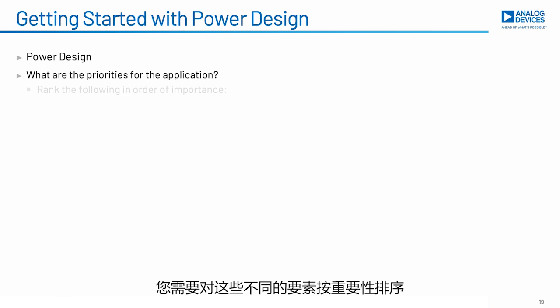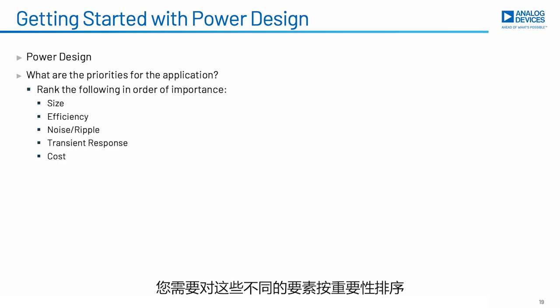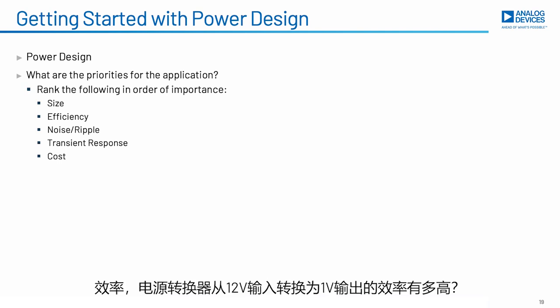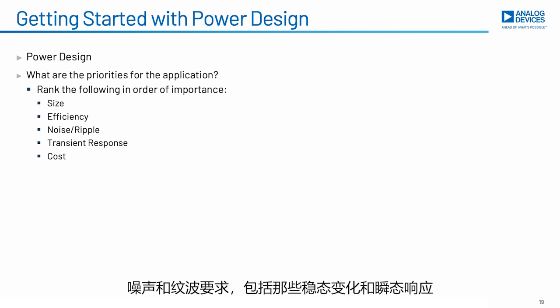So you need to rank these different characteristics in order of importance. So size, how much space does the power design take up on their PC board? Efficiency, how efficiently can the power converter convert from the 12 volt input to the 1 volt output? Noise and ripple requirements.